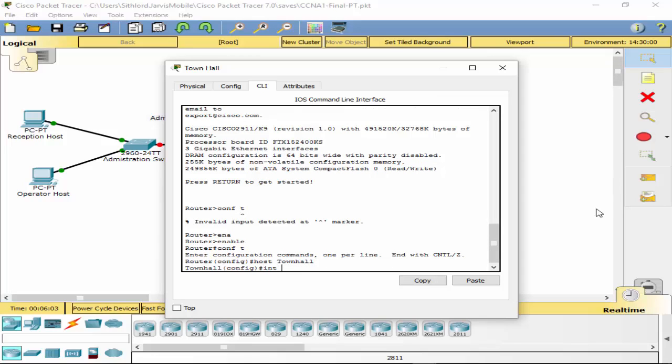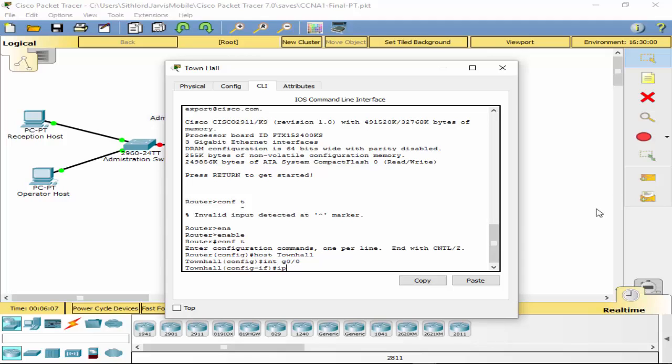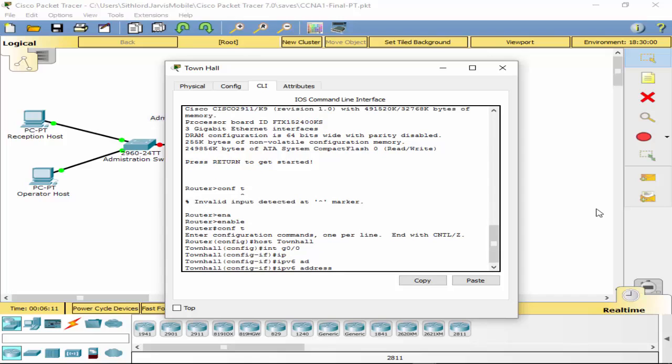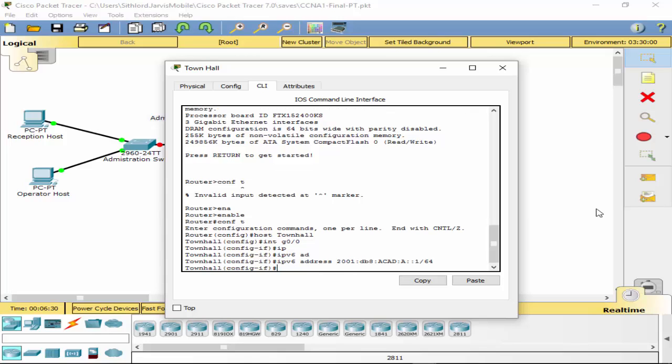And anyways, we go into interface G0/0, and we only know the IPv6 addresses, so we're going to say ipv6 address 2001:DB8:ACAD:A for the A VLAN, and the first usable address, ::1, and then /64 is what we do right there on the IPv6 address.